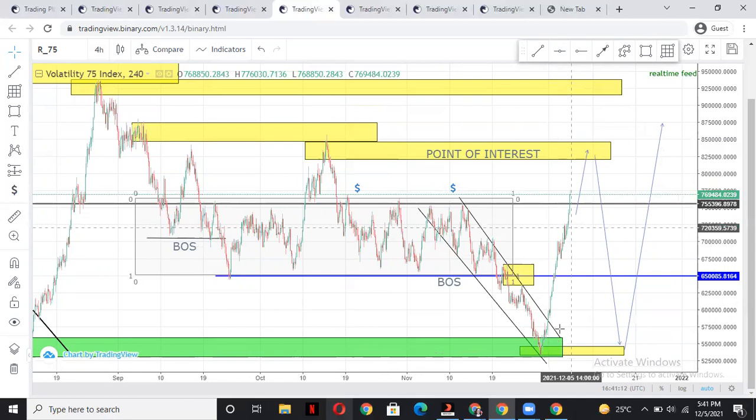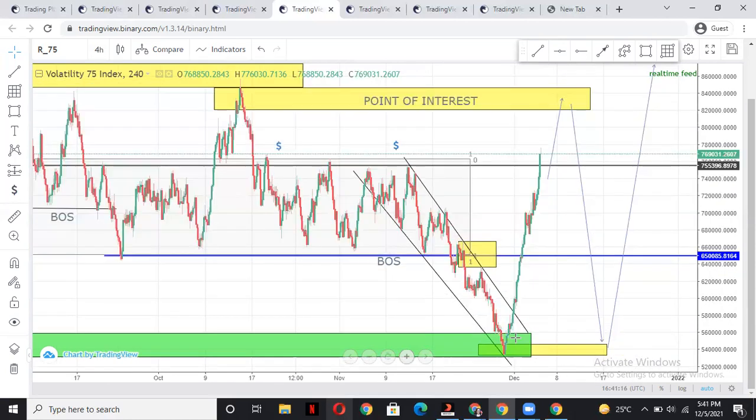But I know at one point in time or the other, the price will have to drop, probably come back and mitigate this point before going up higher. Because looking at my MetaTrader 5, my weekly time frame, I can see that the weekly trend line has been broken.